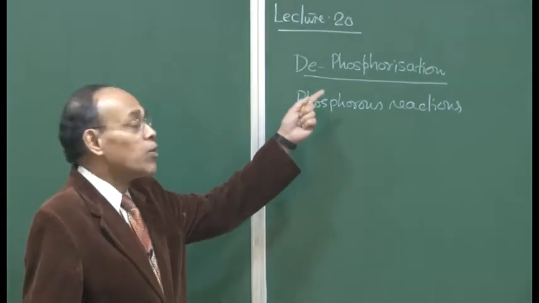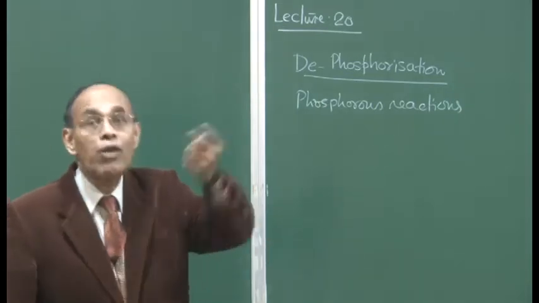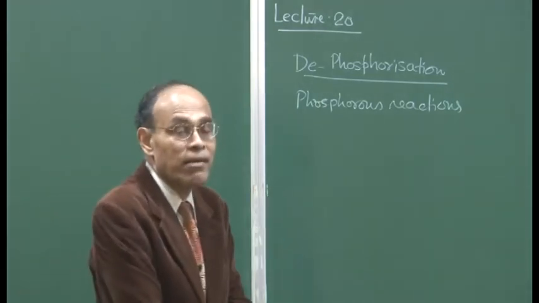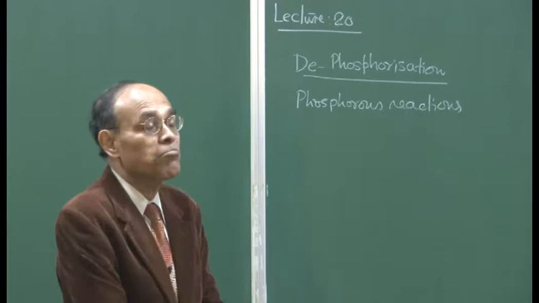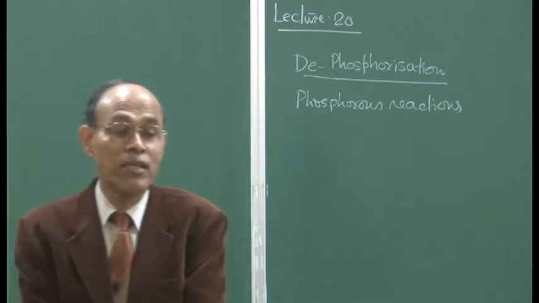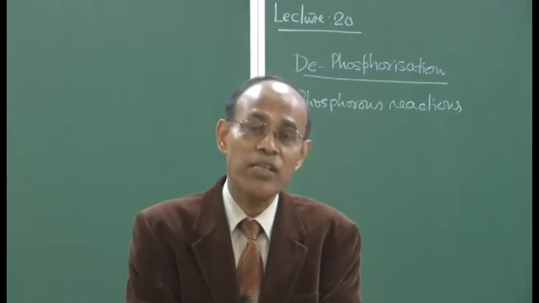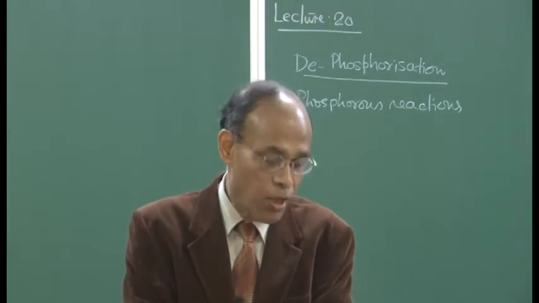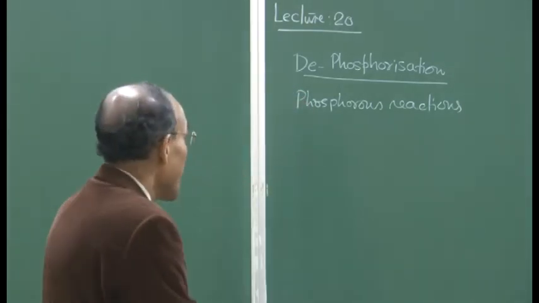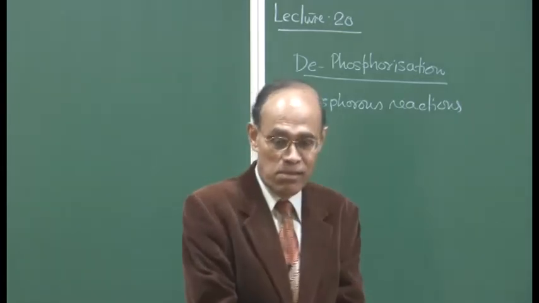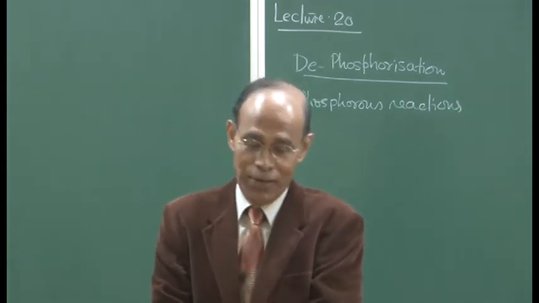Dephosphorization means the removal of phosphorus from the hot metal. As we have seen, in the blast furnace almost all the phosphorus present in the charged material will get reduced, and the reduced phosphorus as a consequence will join the metal phase.